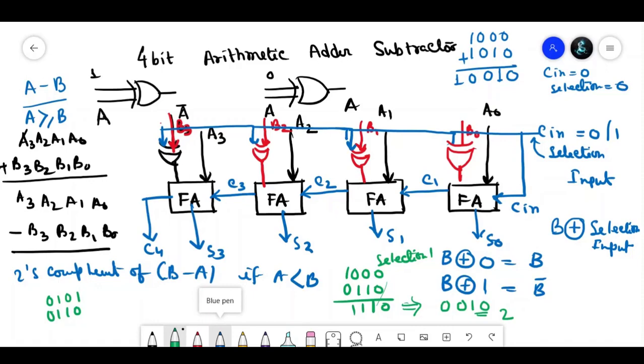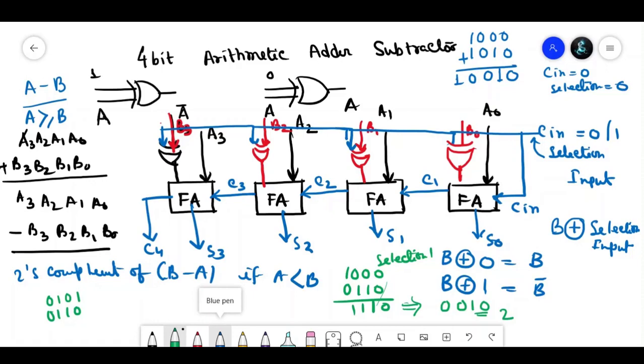So how are we getting 2? By the 2's complement of this result. So we have written the 2's complement of B minus A if A is less than B. Here in our example, A is less than B. So this is the circuit of the 4-bit arithmetic adder subtractor.